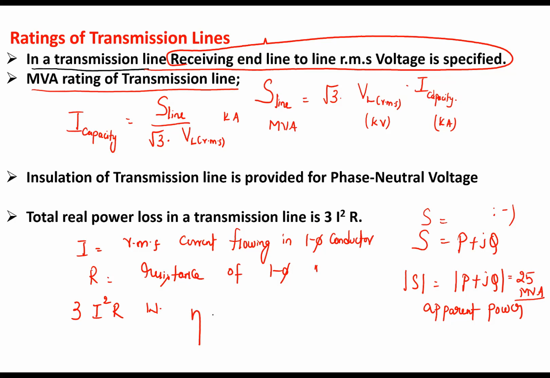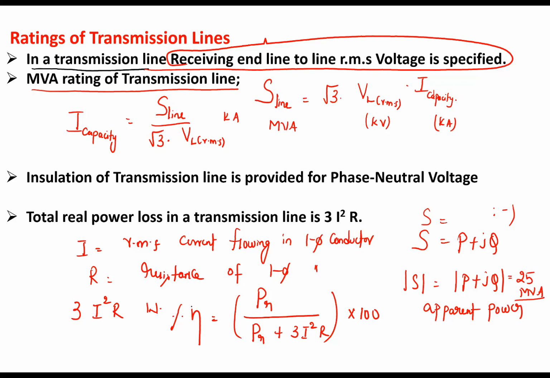And the efficiency of the transmission line is given by the receiving end power of the transmission line divided by the receiving end power plus the total real power losses. So this will give you the percentage efficiency of the transmission line. So these are the three important parameters that we are interested in for the transmission line.